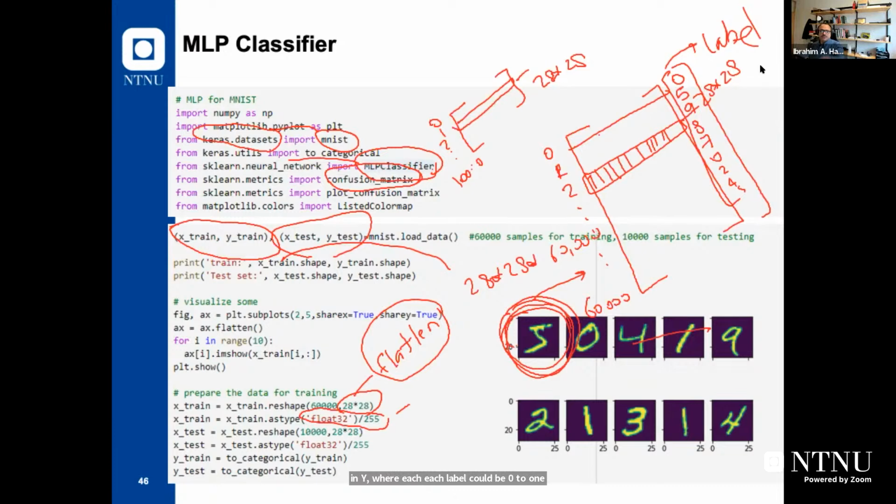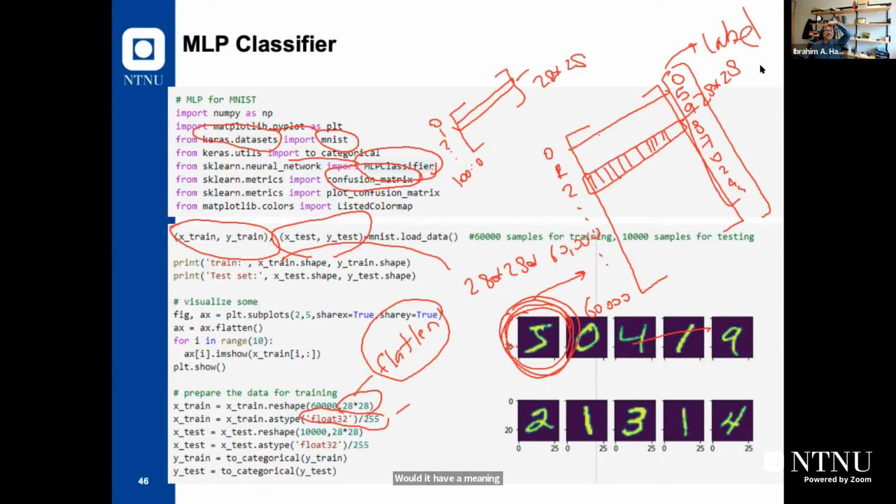Yeah, one hot encoding. We call it one hot encoding, right? Yeah. Which would be the best? One hot encoding, definitely. It will be the best. Okay. Could it be an option to convert this type of Y to one hot encoding before we train? Yes, definitely. We must do this.